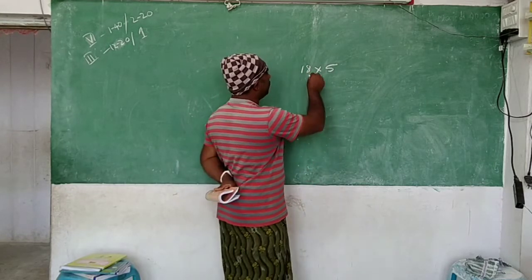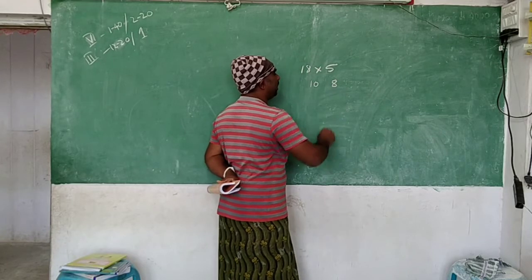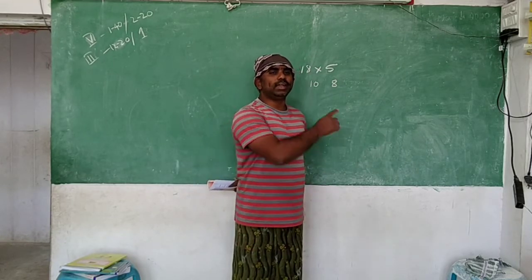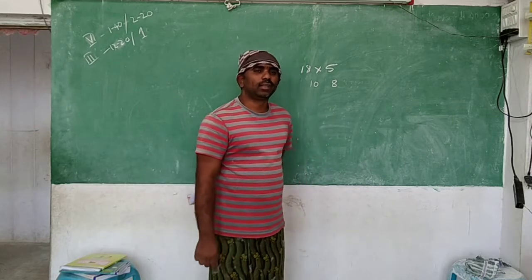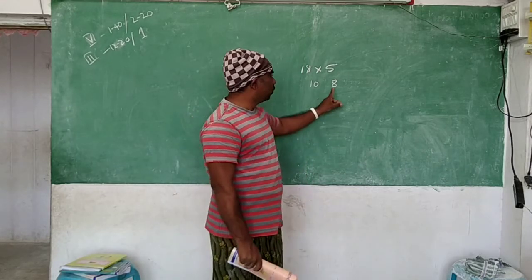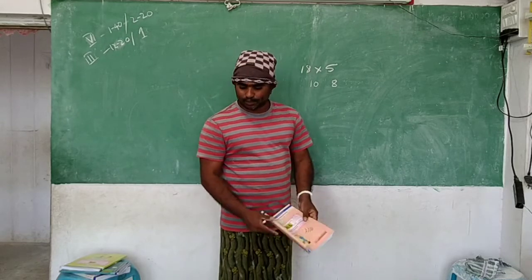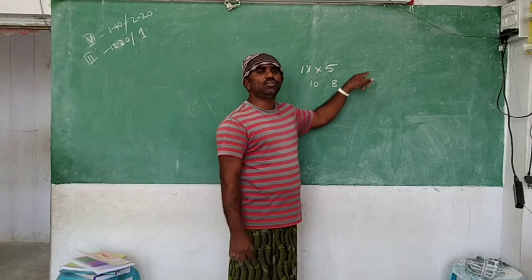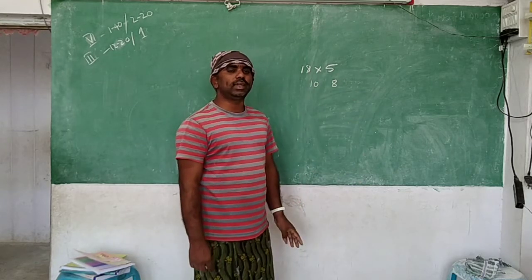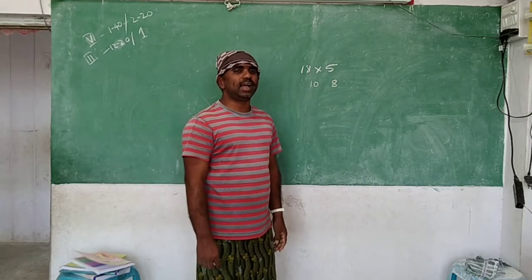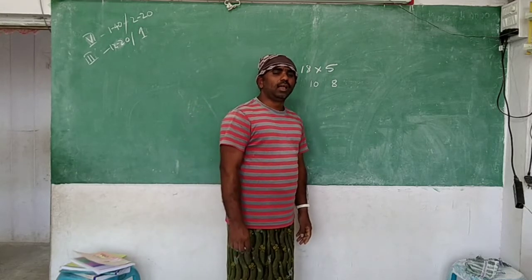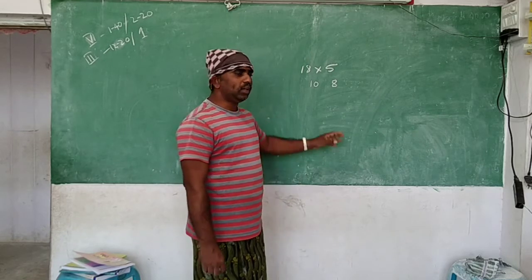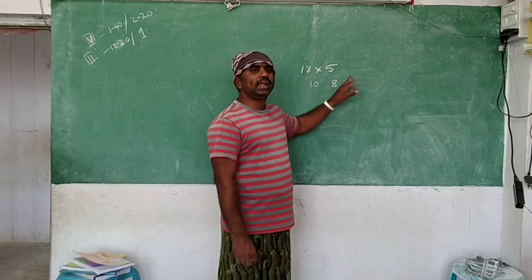You see, I am splitting the 18 into 10 and 8. I know the 10 table and I know the 8 table. If I split like that, then I will use the 10 table and the 8 table. That's why I changed the 18 as 10 and 8.